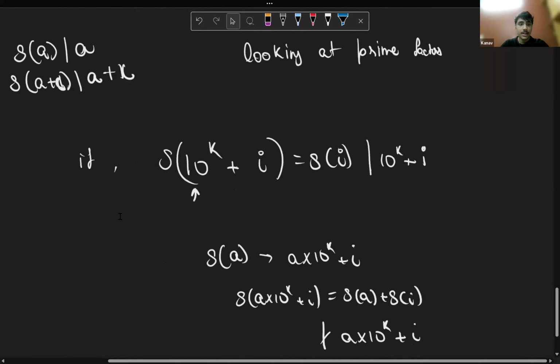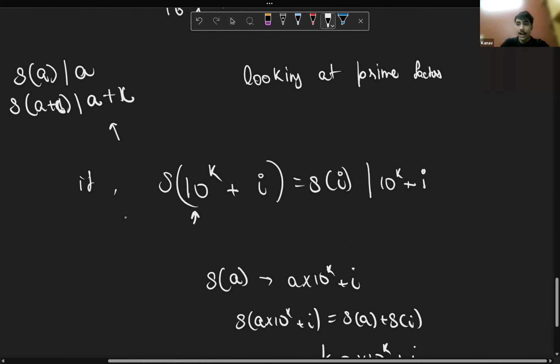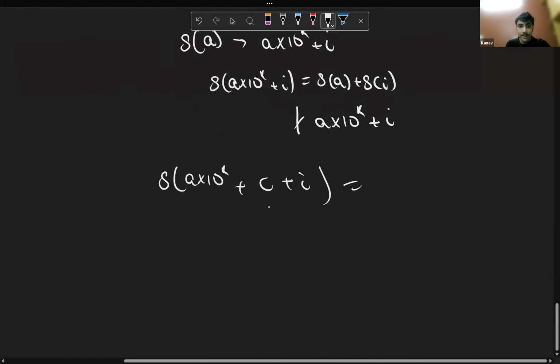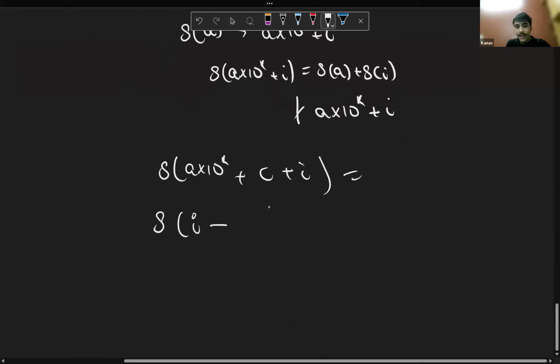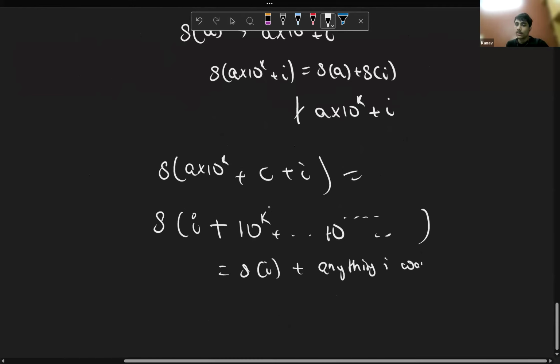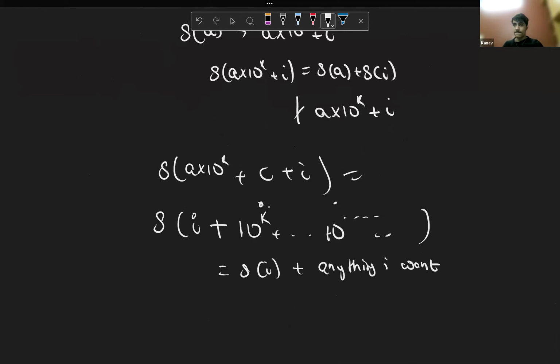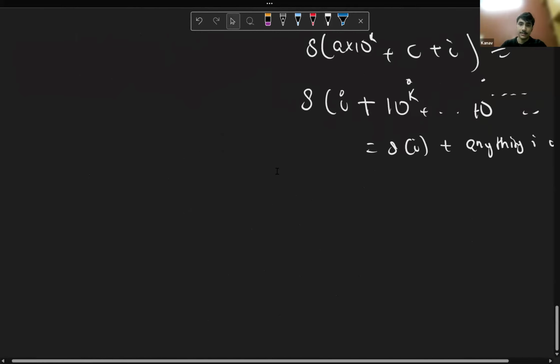But just to say Shreyan's argument right here, and what some other person was saying as well, was basically if you have some I, you can add a bunch of large powers of 10 to make the sum of digits go anything I want, with all of these exponents being totally free. Okay, yeah, I didn't follow Shreyan's argument either. So Shreyan, could you just repeat your argument? Just write it down again.